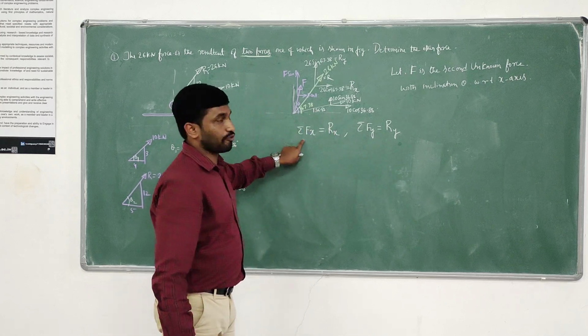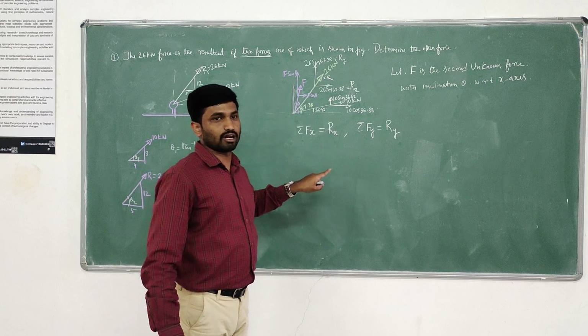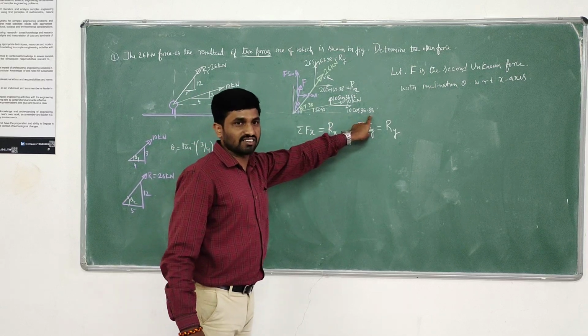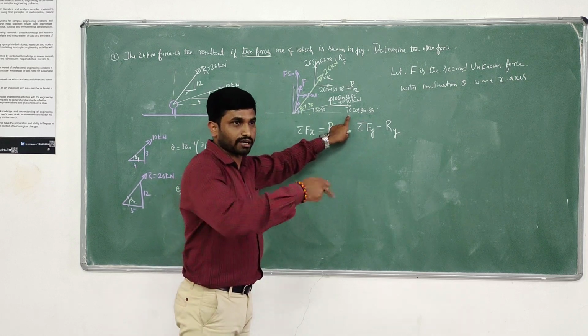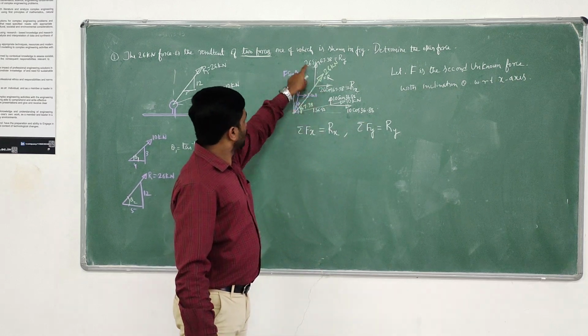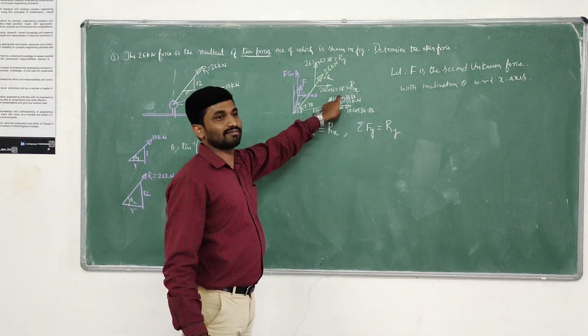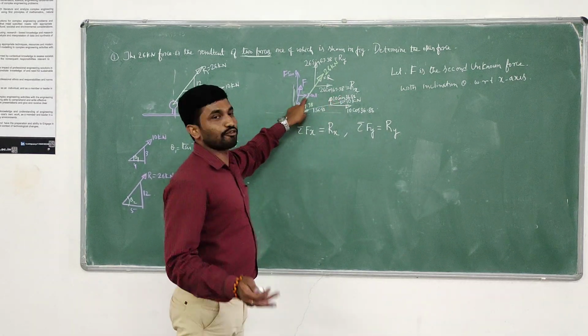Now, what is sigma Fx? There are two forces. Sigma Fx means 10 cos 36.86 plus, this is plus because it acts to the right side, plus F cos theta equals Rx. So we are getting one unknown, F cos theta.